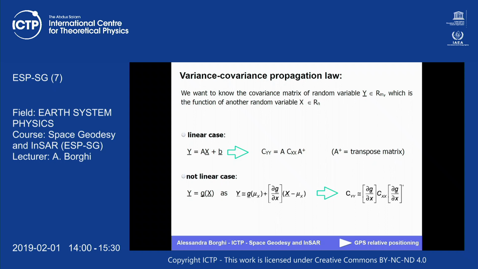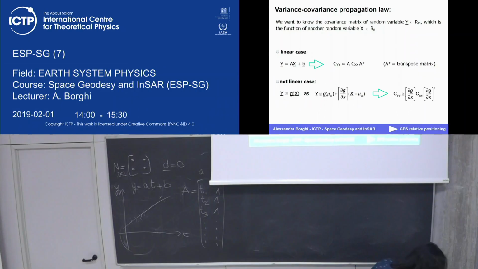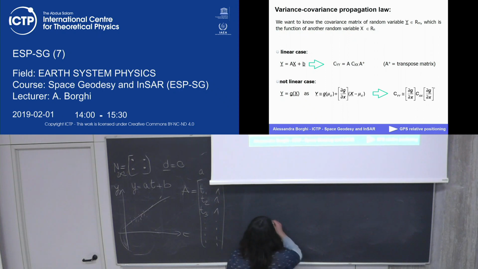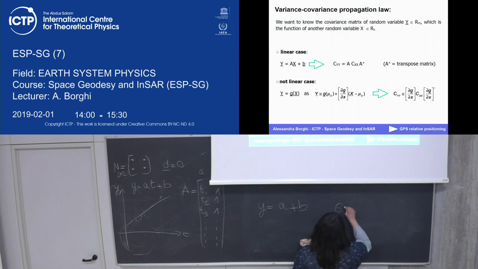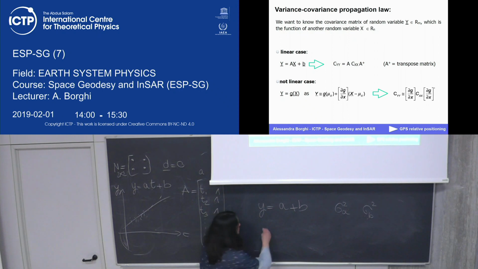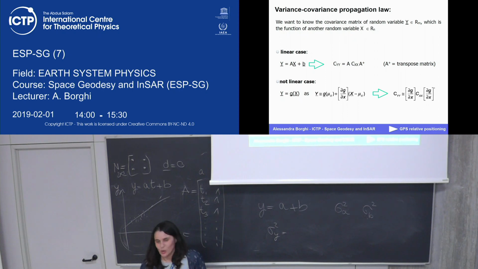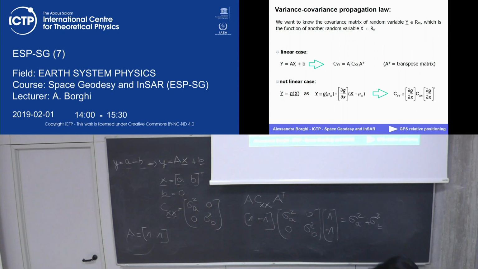I'm going to write an example. Supposing that you have y given by A plus B, and you know the variance of A and the variance of B, you know what the variance of y is.